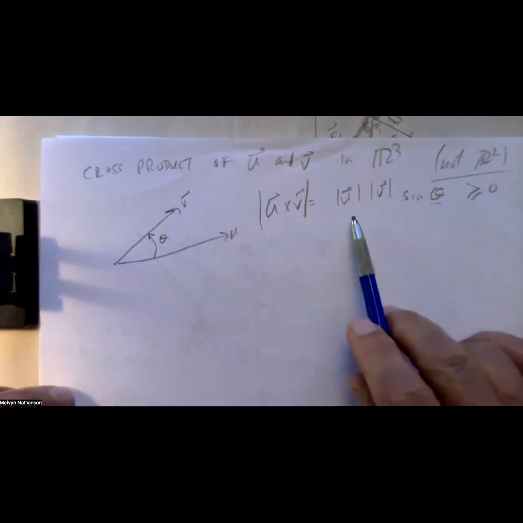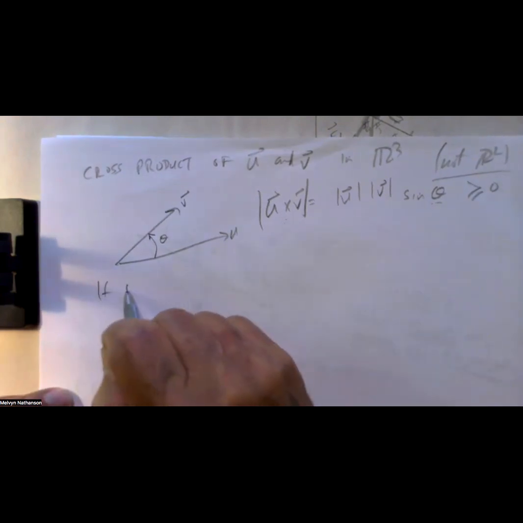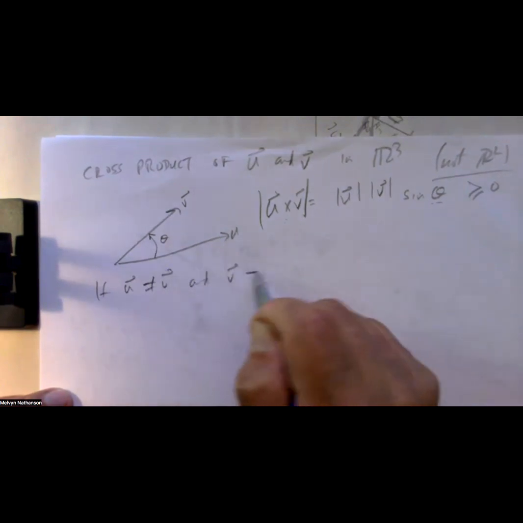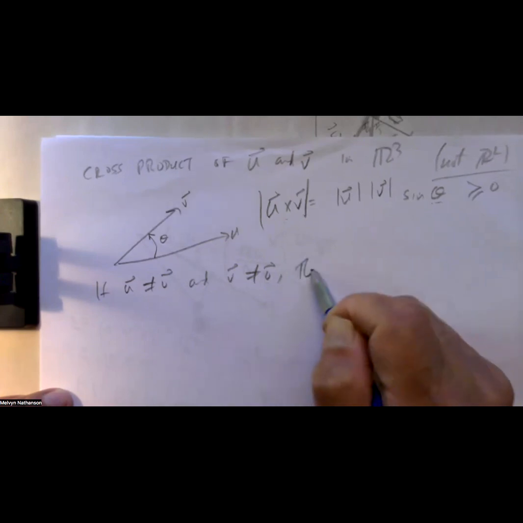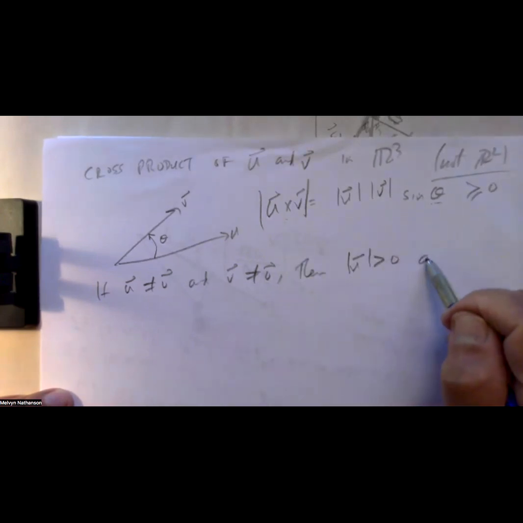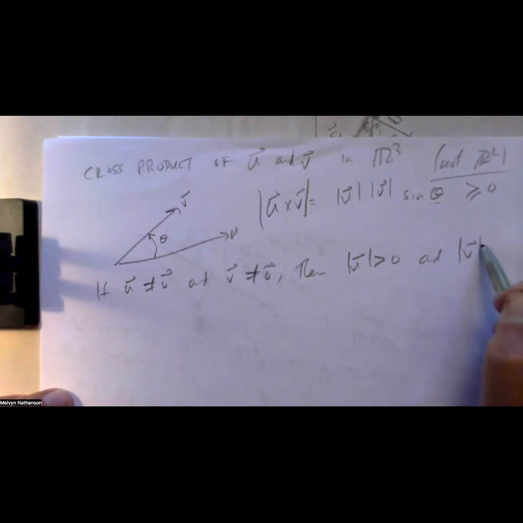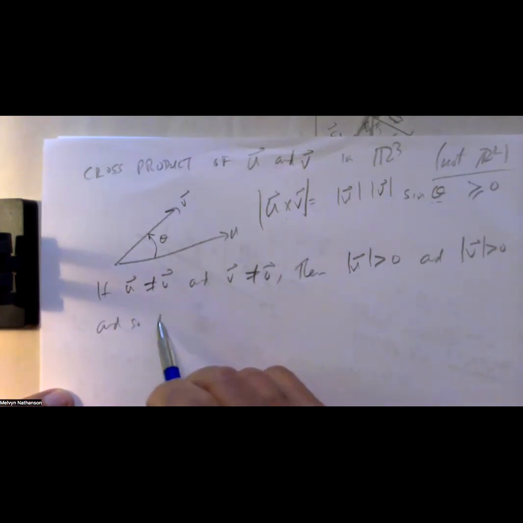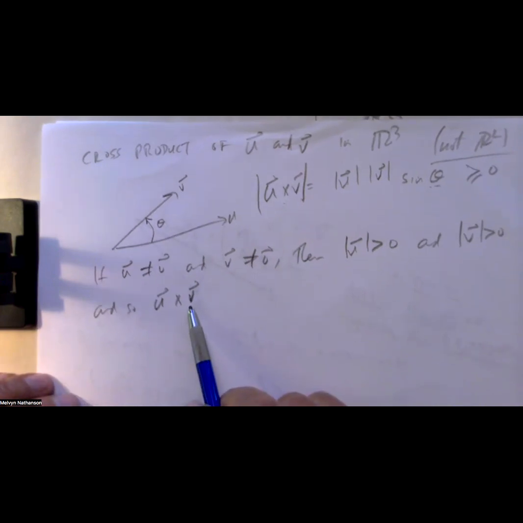And if u is not the 0 vector and v is not the 0 vector, then the length of u is positive and the length of v is positive. And so this cross product of u and v, the only vector that has 0 length is the 0 vector.